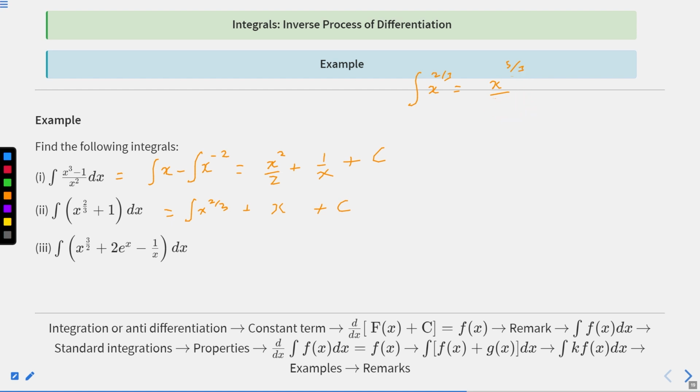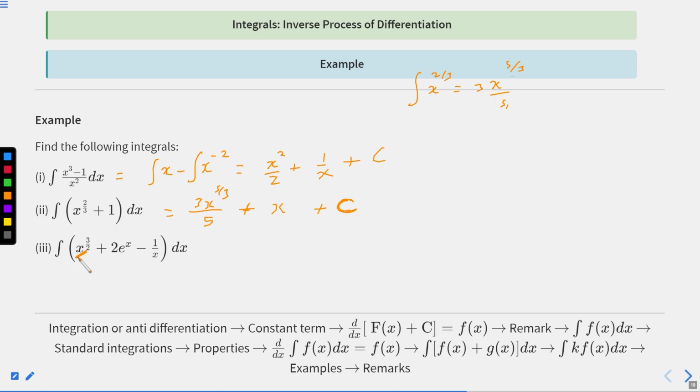So this becomes 3x power 5 by 3 by 5. If you differentiate, you will get x power 2 by 3, the same thing. I hope that it is clear. We always add this constant after finding these antiderivatives.